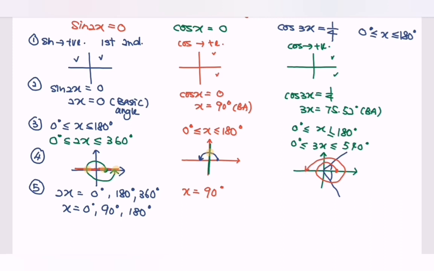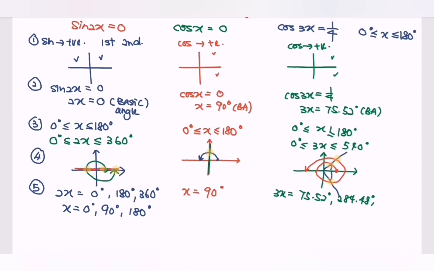And the intersection point will be this part, followed by this, the second one, and finally the third one. So the answer would be 3x is equals to 75.52 followed by 360 minus 75.52, and we will have 284.48.